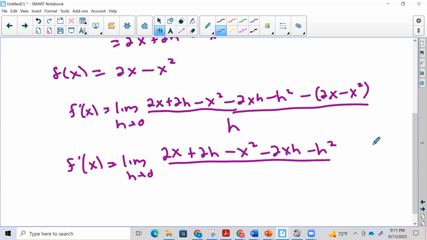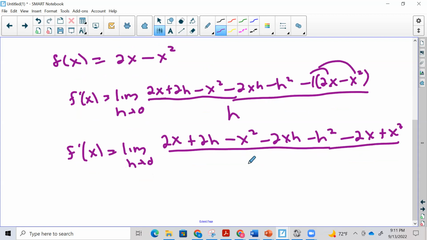So this becomes minus 2x and then plus x squared, because I'm multiplying by a -1 here, which will change the sign of both of them.